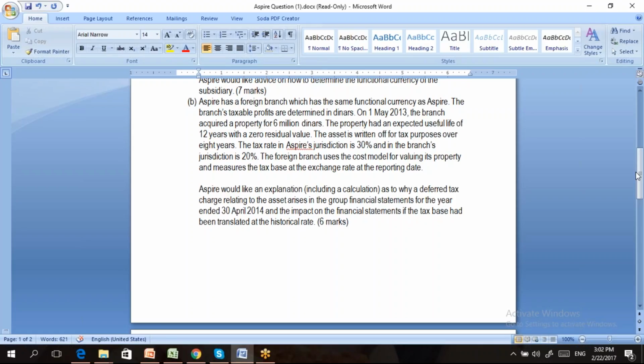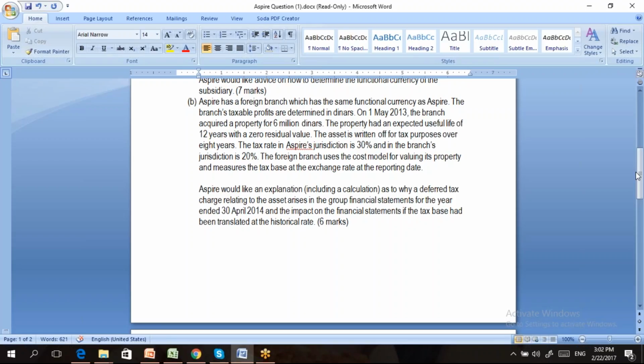So here the foreign branch taxes are determined in a foreign currency. Any changes in exchange rate may give rise to temporary differences, right? Because we will be converting at different rates here under IAS 21. Our asset, being a non-monetary asset, we will convert at the original historical rate. But our tax expenditure and liability, being monetary, we will convert at the closing rate.